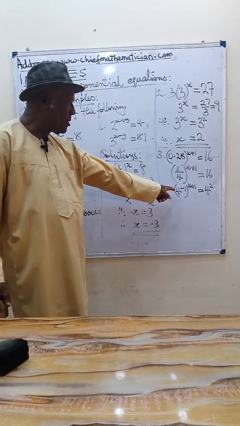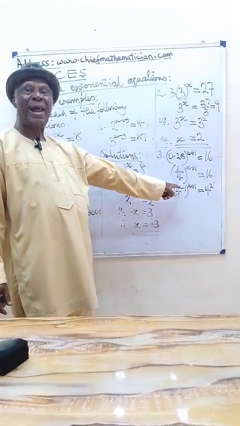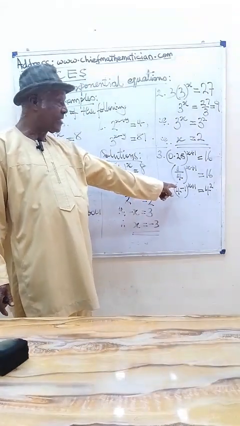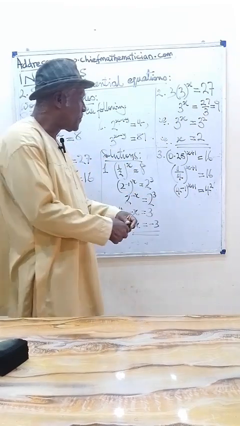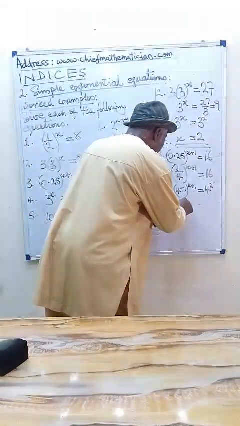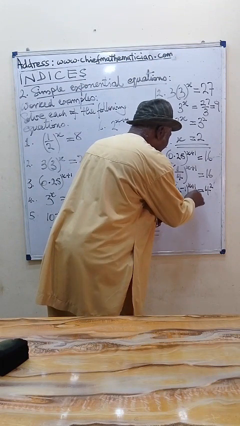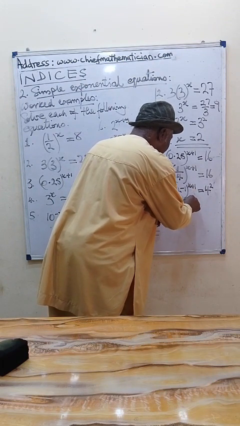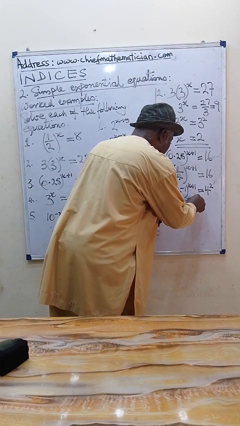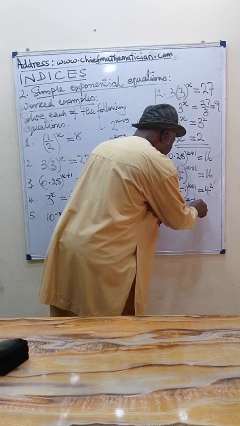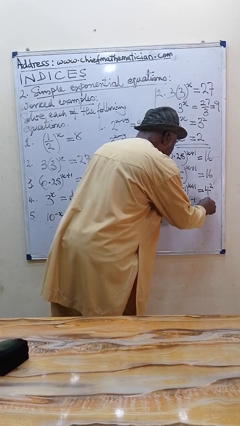Now, here again, by applying one of the laws of indices, this thing is equal to 4 raised to the power minus x minus 1 is equal to 4 raised to the power 2.